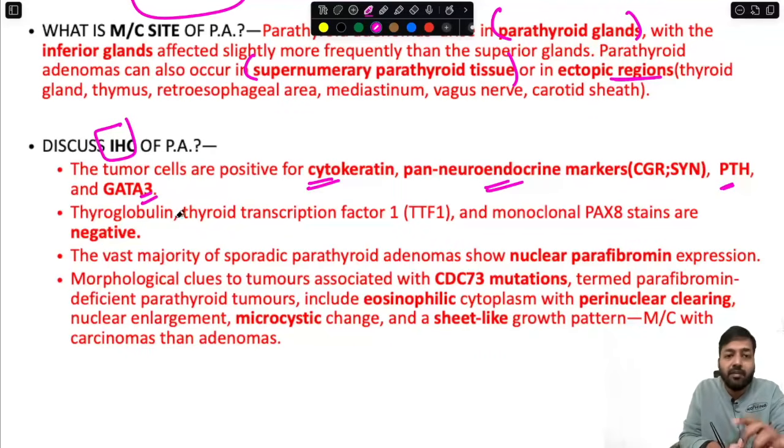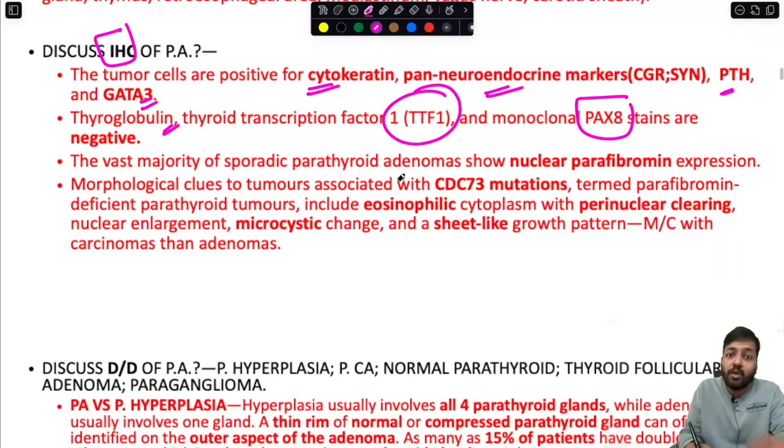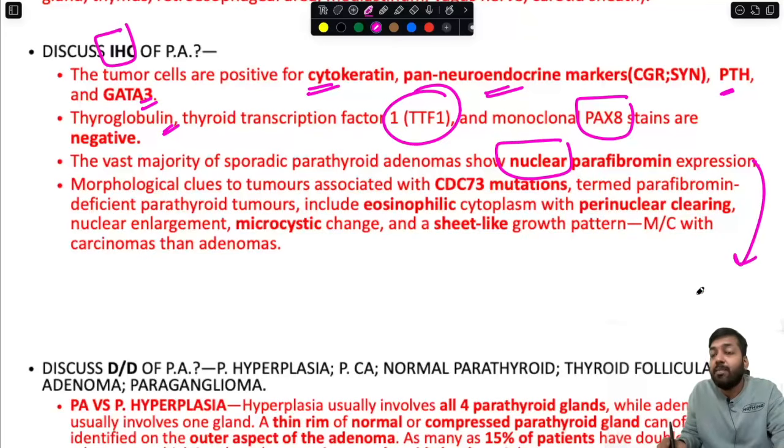Remember, in parathyroid adenoma, thyroglobulin, TTF1 and monoclonal PAX8 stains are negative. The vast majority of sporadic parathyroid adenomas show retained nuclear parafibromin expression. This is completely lost in case of parathyroid carcinoma, because they have CDC73 mutation.